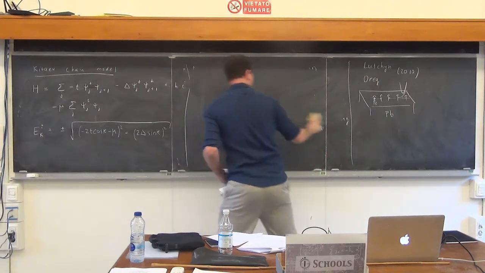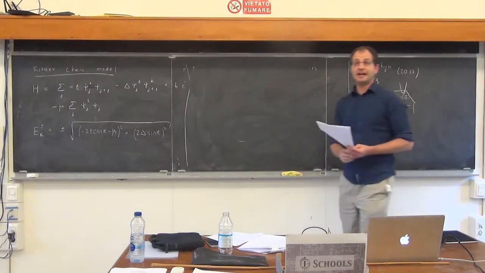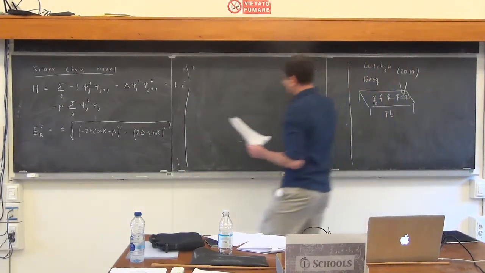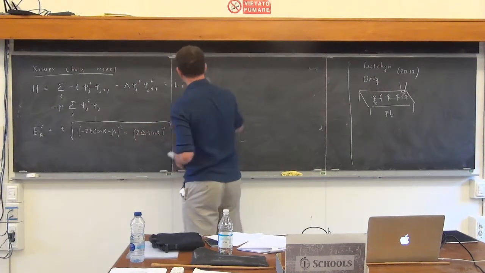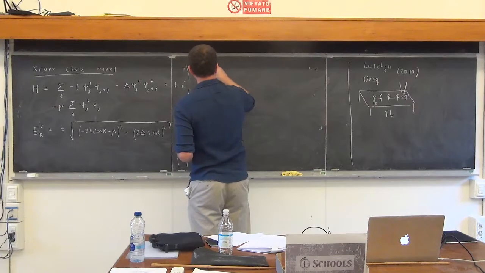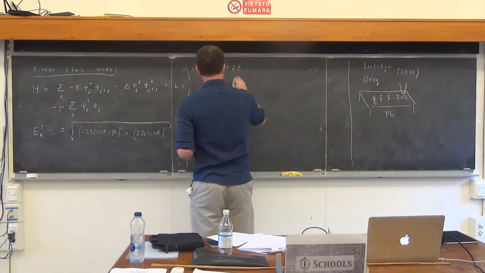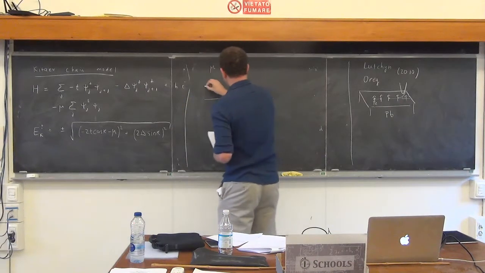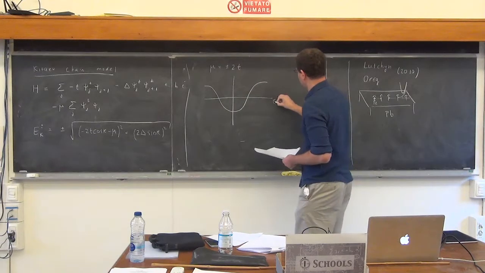Just as before, if we tune the chemical potential and ask whether the system is gapped, there are going to be gap closing points. You can check that at k equals 0, the gap closes if mu is equal to plus or minus 2t. If I plot the single particle dispersion with the delta turned off, it looks like this.